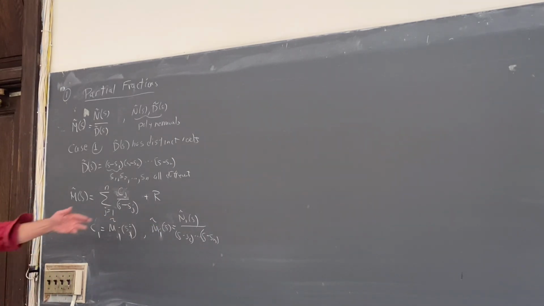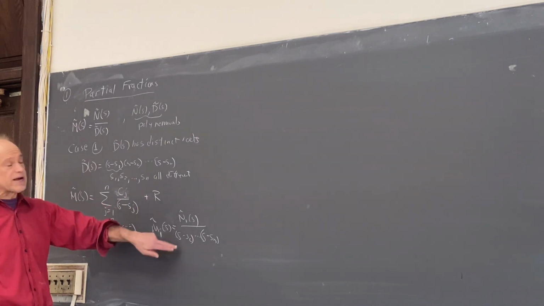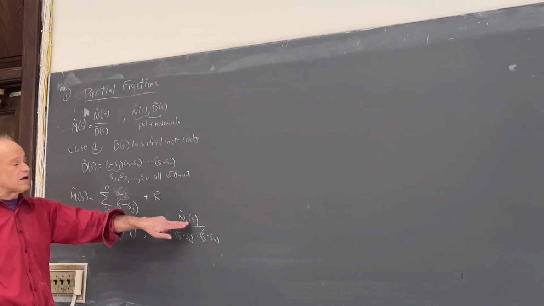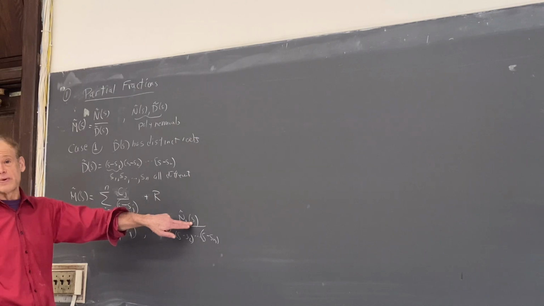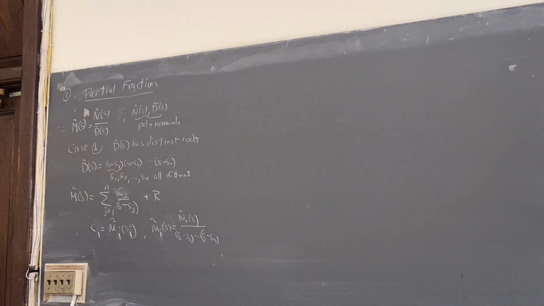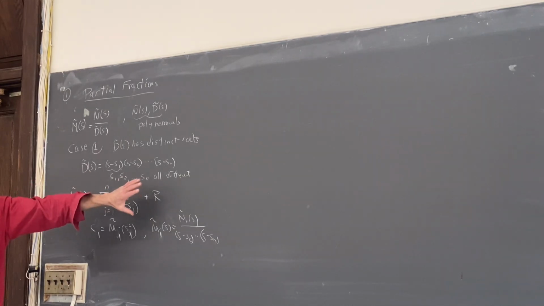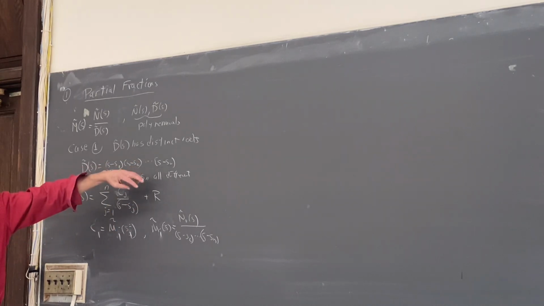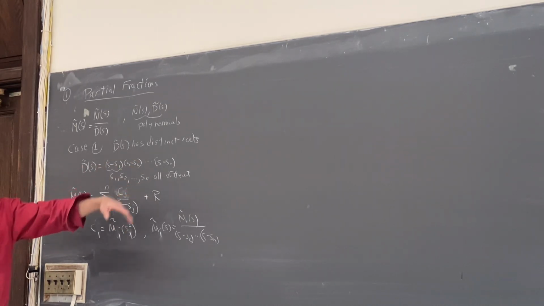And notice, I'm assuming that there are no common factors. And if n is a polynomial, I just evaluate the polynomial at s1. And so what you do is you write it as c1 over s minus s1 plus something else. And then the something else you break up in the same way as c2 over s minus s2, etc.